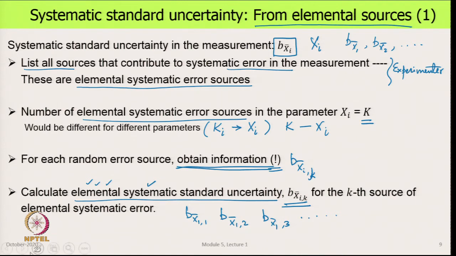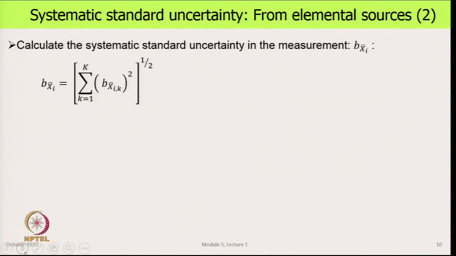Once we get all these numbers, we then have to combine them, and the formula for that is given here: the systematic standard uncertainty in the measurement xi, which has the symbol bxi bar, is the square root of the sum of the squares of the elemental systematic standard uncertainties from each one of the error sources.